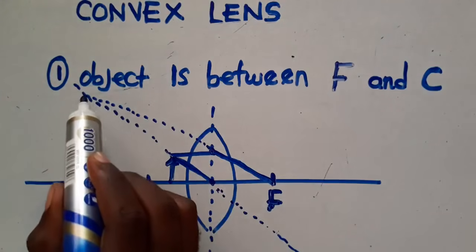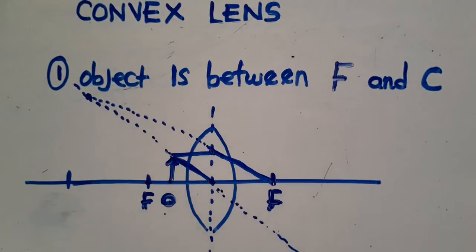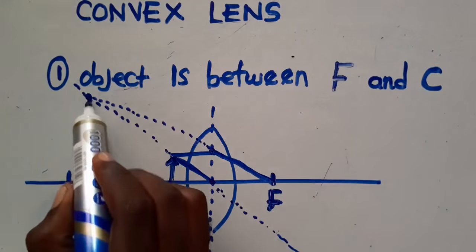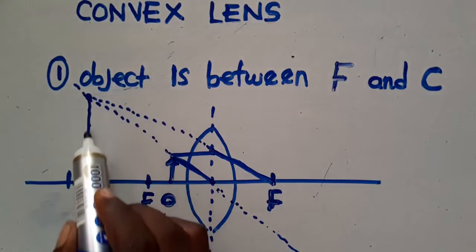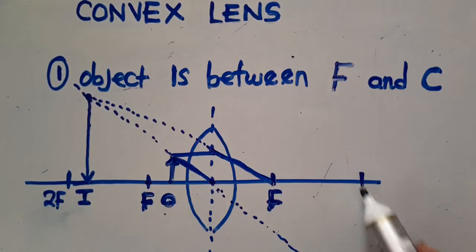They are meeting at that point. So since they are meeting at that point, this is where the image is. If this is F, this one here will be 2F. And here I can put a point there to say I've got 2F.